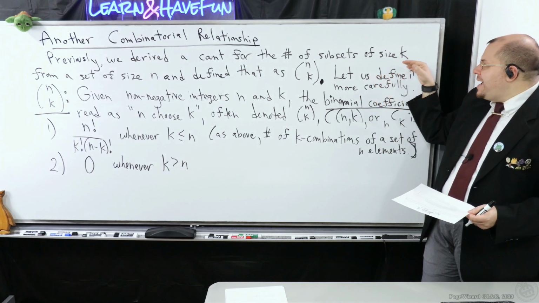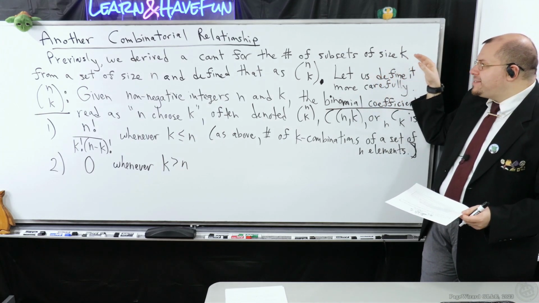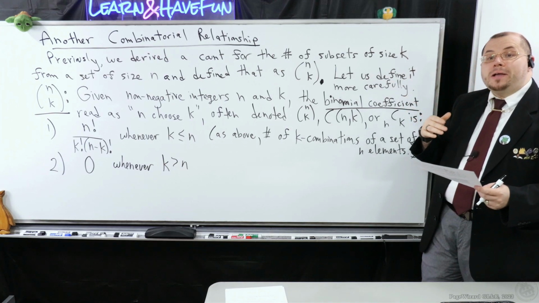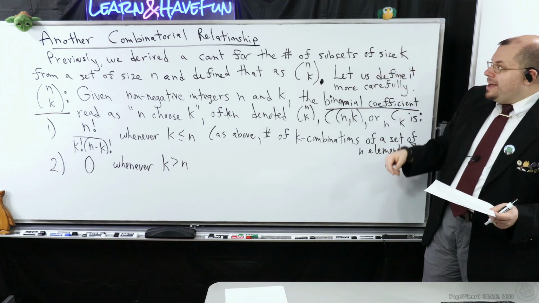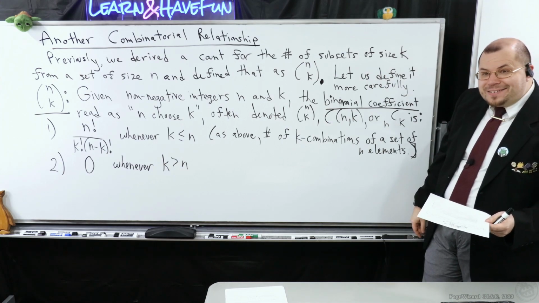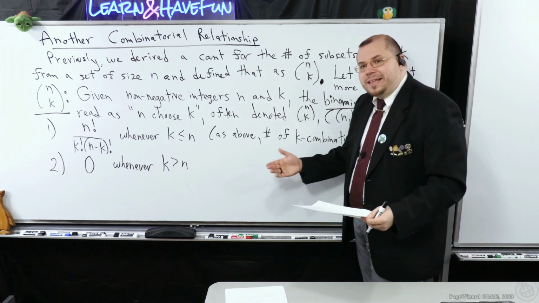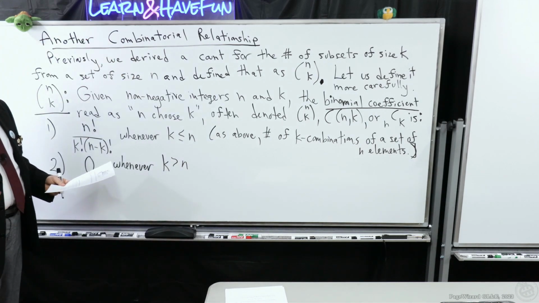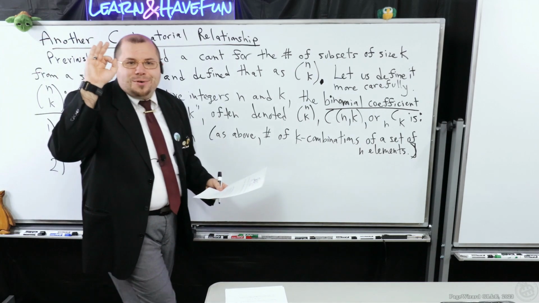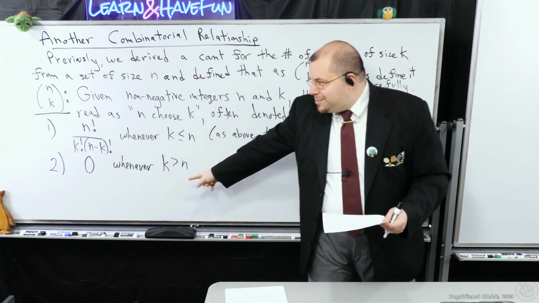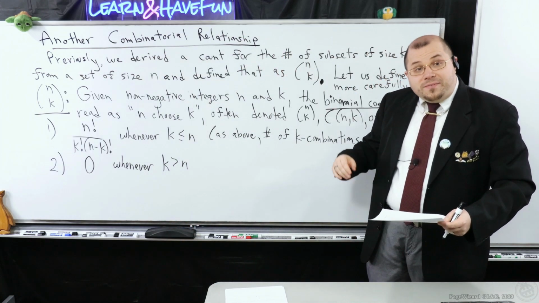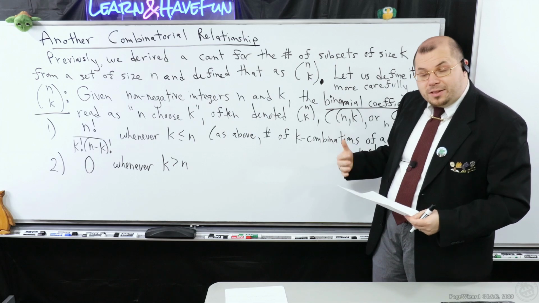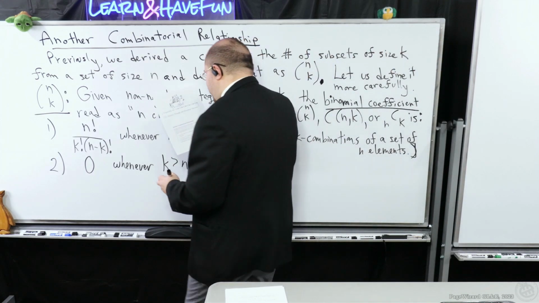If k is bigger than n, then I'm asking for the number of subsets that have more elements than there are in the set. But how many of those are there? There are 0 of them. So defining it like this is rather convenient, but also makes a lot of sense from a combinatorial standpoint.